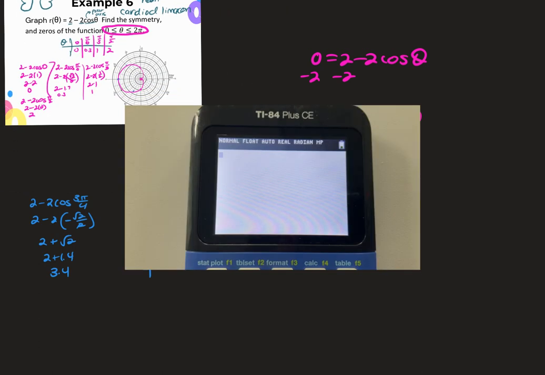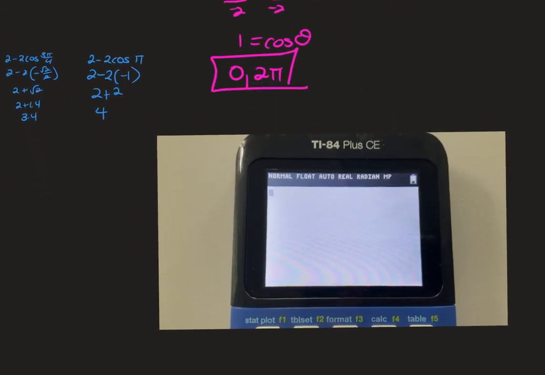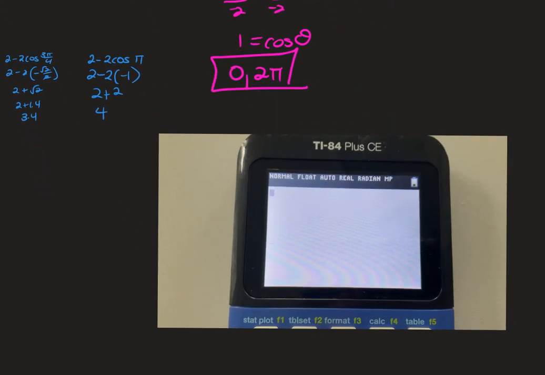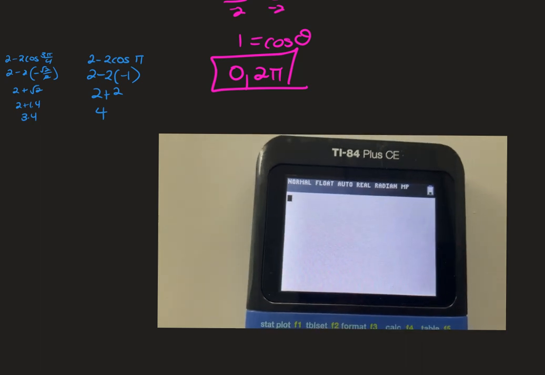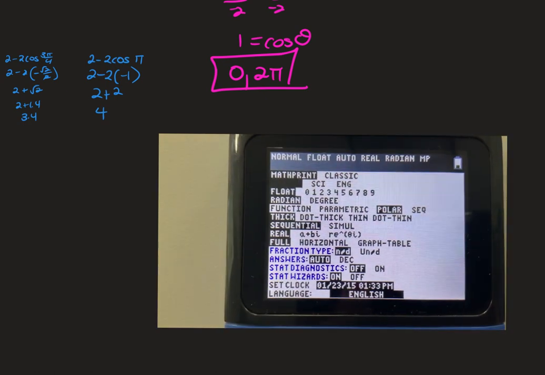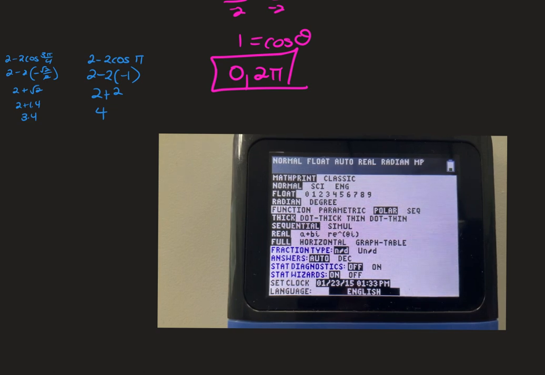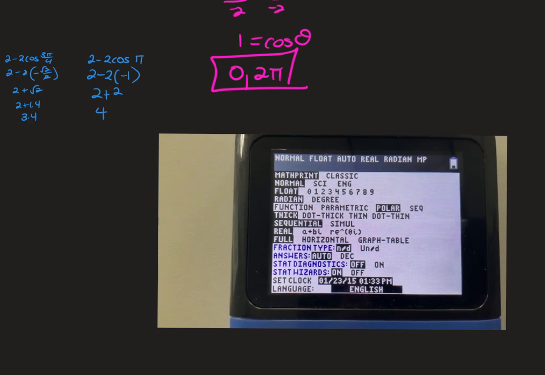So the most important thing you have to do is switch your mode. If you look at your mode screen, it stays in radians, but underneath radians it says function, parametric, and polar. You have to put it in polar.